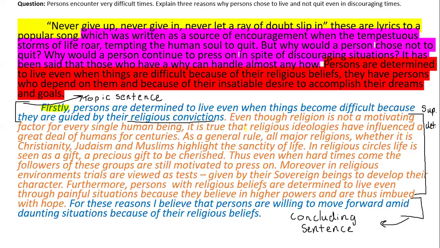I said moreover, thus, furthermore. As a general rule, all those are ways to start my sentence, right? So I'm developing it properly.